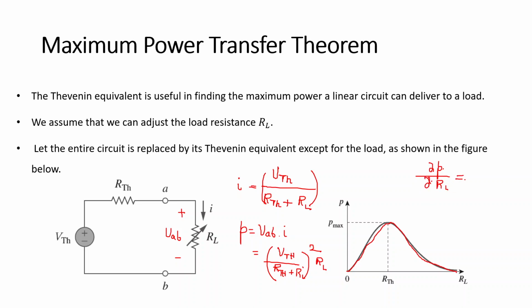So we get (VTH by (RTH plus RL)) square, plus RL VTH square by (RTH plus RL) cube, minus 2.